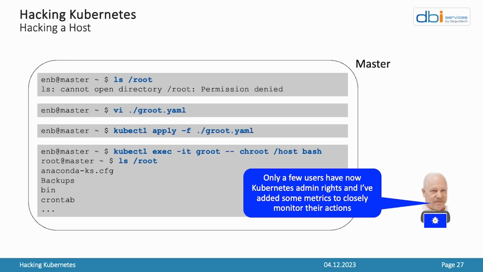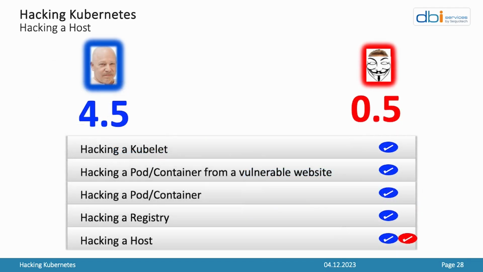So the thing that you can do is to restrict how many users have the administrator right and also closely monitor their action in order to detect if there is some suspicious activities. In that case, it's a 50-50 between the blue team and the red team because you can limit the scope of the attack, but there is still a possibility for an attacker to use it.